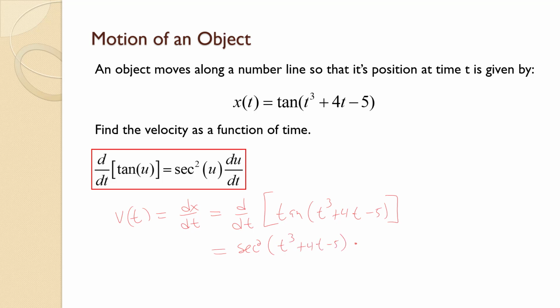And then we tack on the multiplication of the derivative of the inside, which would be 3t squared plus 4. And you really shouldn't write the answer this way. You should put the polynomial in front of the trig function. And this then would be the answer for the velocity of that object at any moment in time.